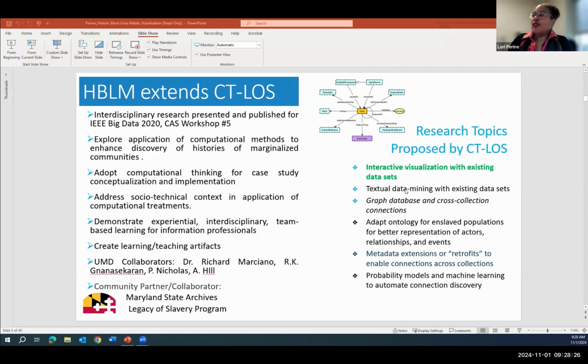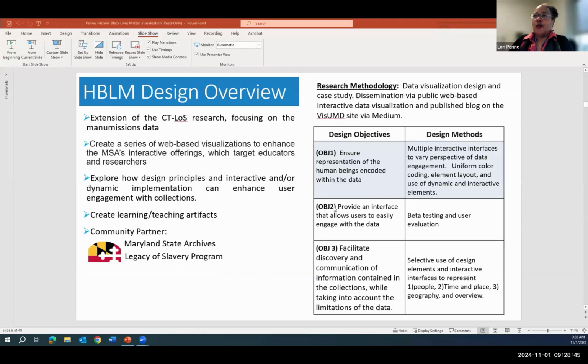Out of that effort came quite a list of potential research areas for us to explore subsequently. And one of those areas was looking at interactive visualization of our data sets. So that's what I'm going to talk about today: that particular project where I've looked at creating an interactive dashboard with the data from our particular collection.